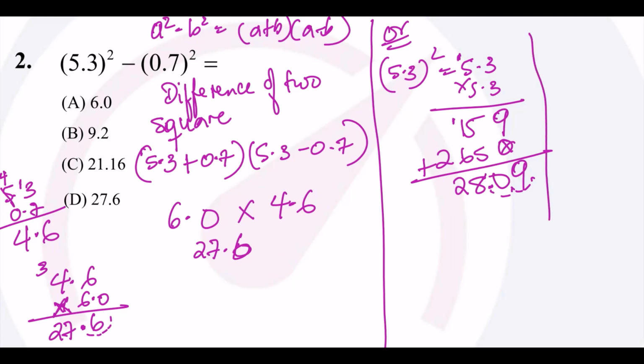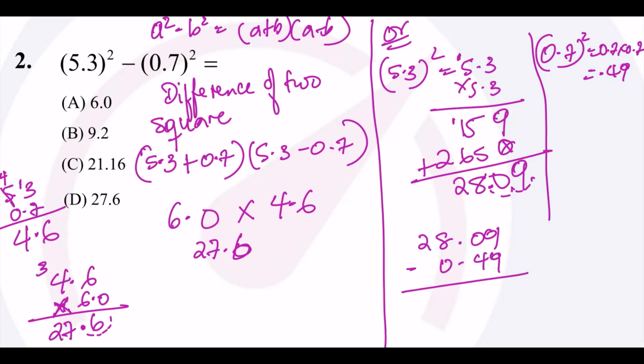Now let's multiply. 0.7 squared is equal to 0.7 times 0.7. 7 7s are 49, and 2 decimal places, so we get 0.49. So now we have 28.09 subtract 0.49. 9 minus 9, 0.